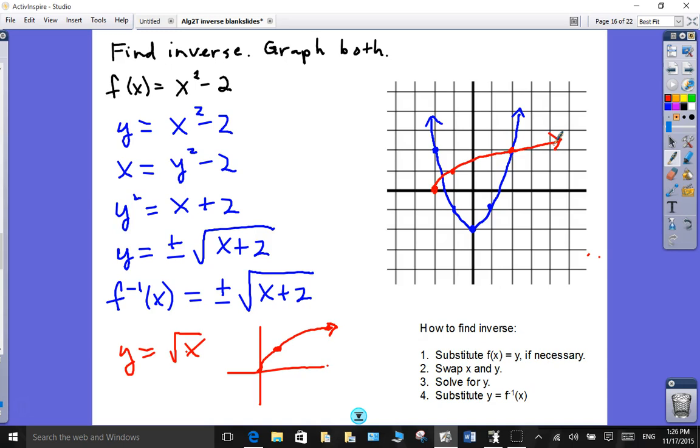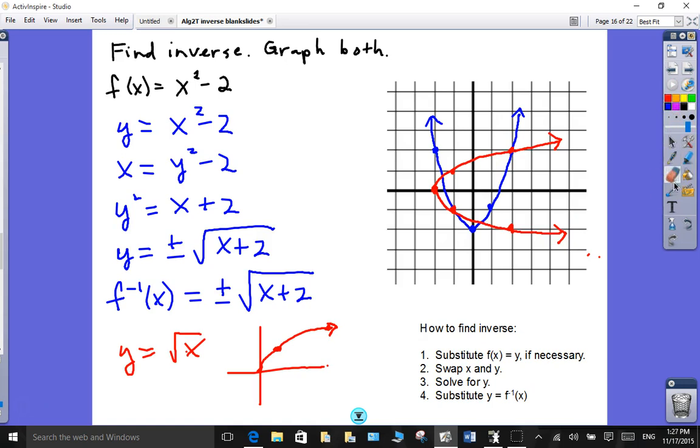Well, what does it do to the graph of a function when we stick a minus in front of it? It flips it. So we not only get this graph here, that's the plus, we also get the minus, which is the flip. So it looks like this. Right? Something like that.